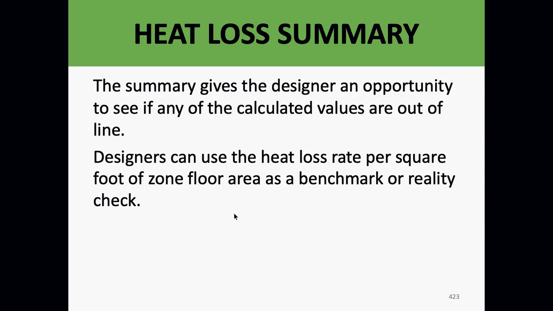If I see a BTU loss of 12,000 BTUs as a heating loss for one of your rooms, I know there's a number out of line. So I'm looking for reasonability. It's called a reality check. Never do a heat load without taking a look at a summary page and saying, okay, reality check.